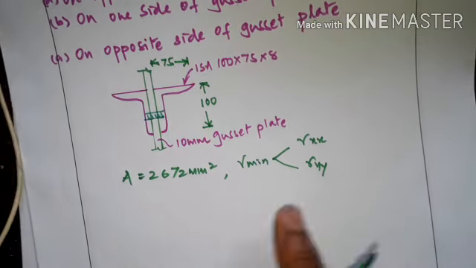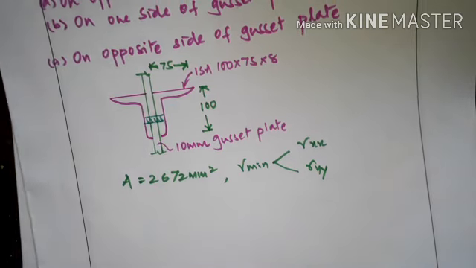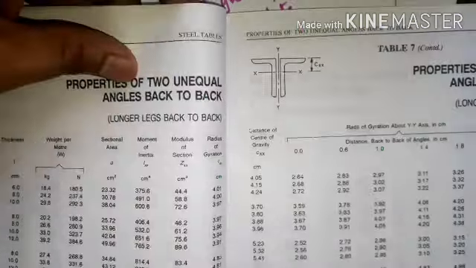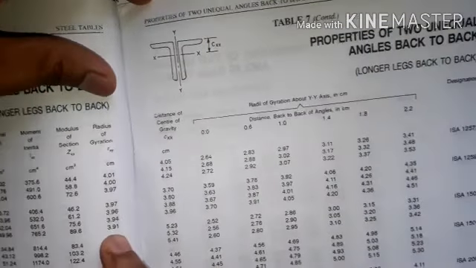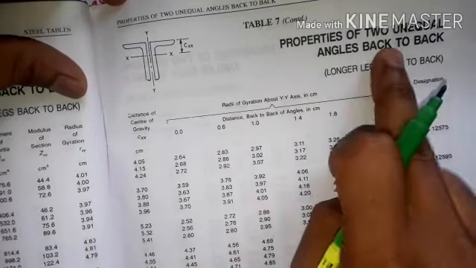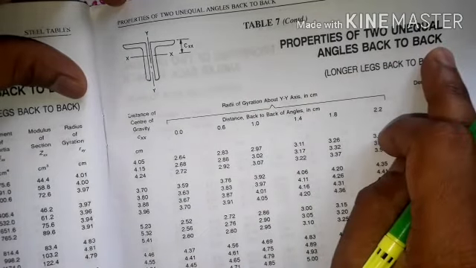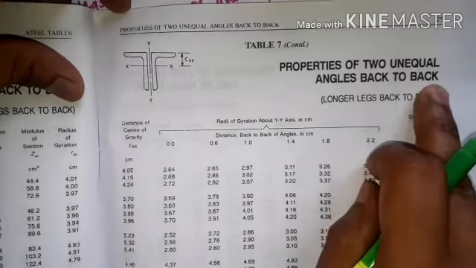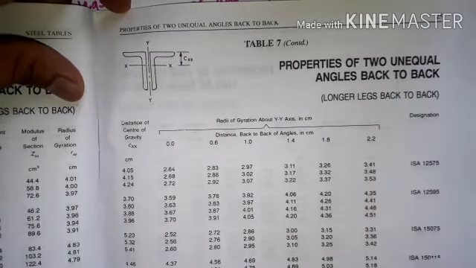For this, you have to refer again to the steel table. You have to refer to the properties of two unequal angles back to back, maybe on page number 25 of this steel table.